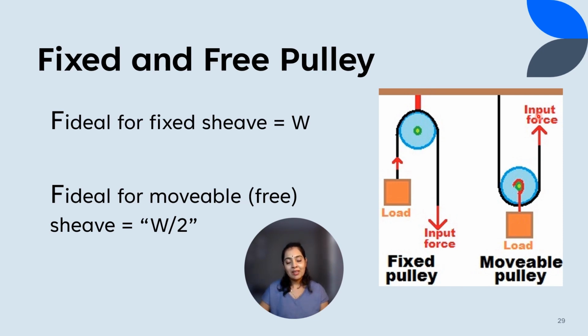So in this case, F ideal is equal to W by 2 because these two tensions in the rope are lifting this load. So it is W by 2.